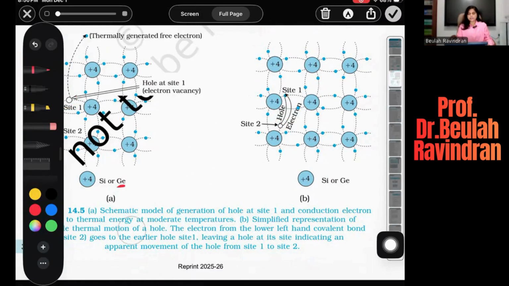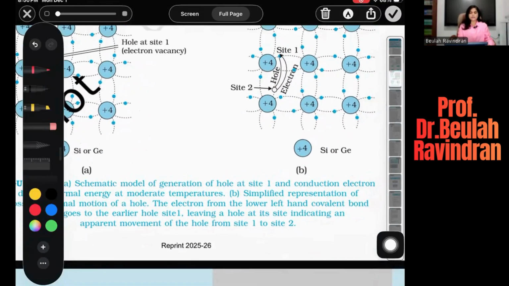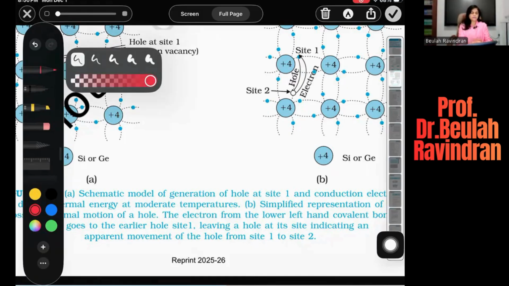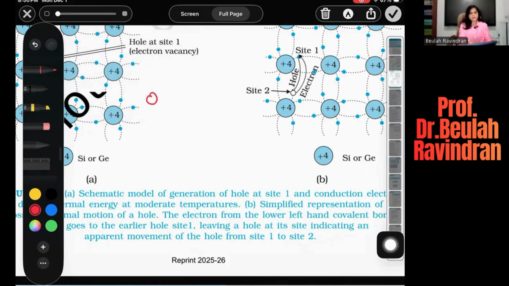If it is easy for you, you can take down this picture. For example, you can draw silicon atoms, and here you can draw the bonds like this.